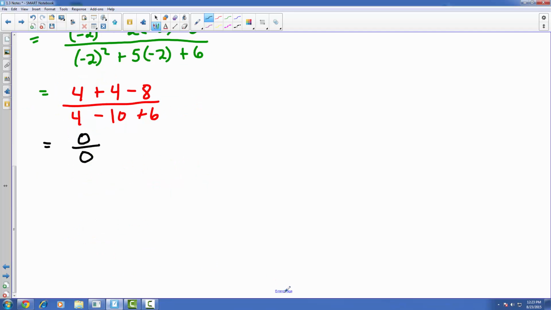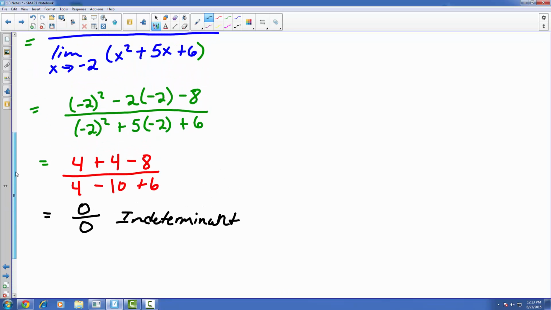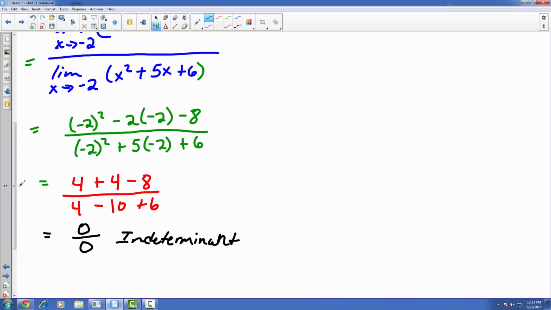Well, we then end up with a 0 over 0 indeterminate form. And unfortunately, that's just not going to help us. Indeterminate. You can't ever have a 0 divided by 0. As you know, you can't ever divide something by 0. That's undefined.